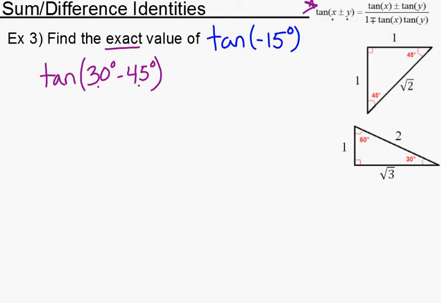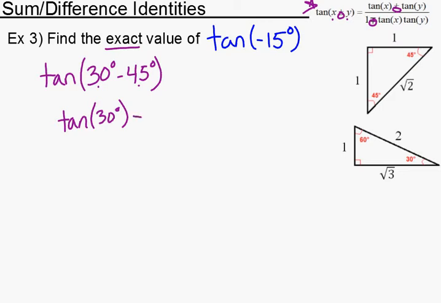I have in my numerator tangent of first, which is 30, and then since I'm dealing with a minus here, I have to do minus up top and plus on the bottom.